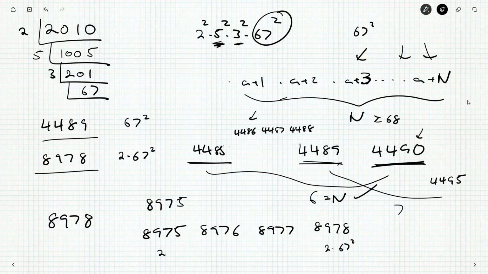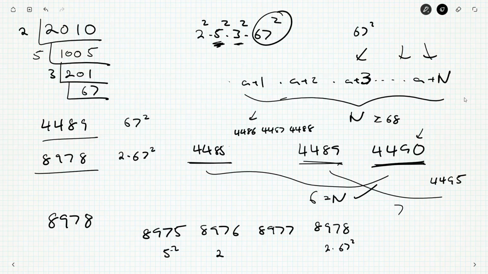So that's my 5 squared there. Here's another factor of 2, but okay, now I just need my multiples of 3. I need 2 factors of 3. Now, one of them in here will be a multiple of 3. I'm not entirely sure which one. 8977, does that divide by 3? It does not, so it's got to be 8976.